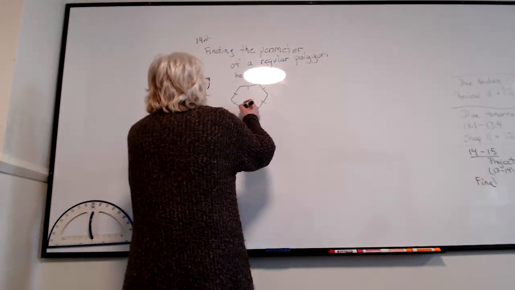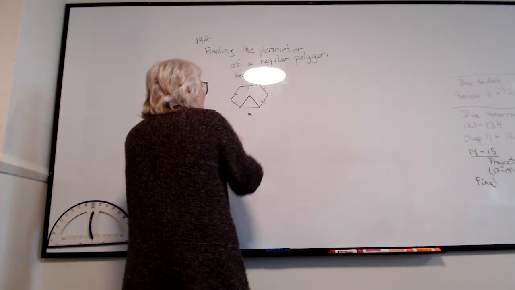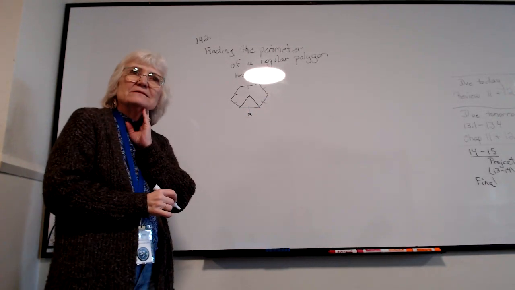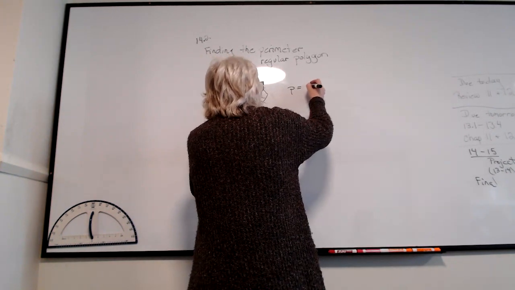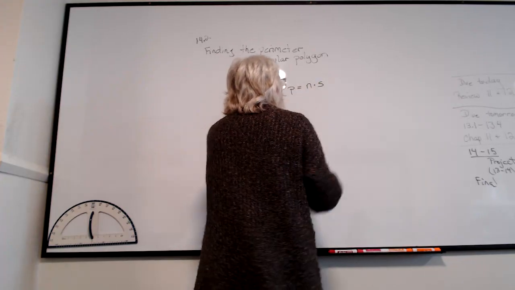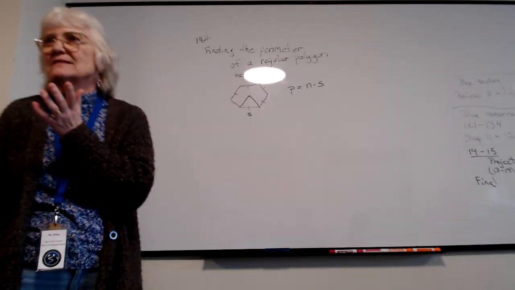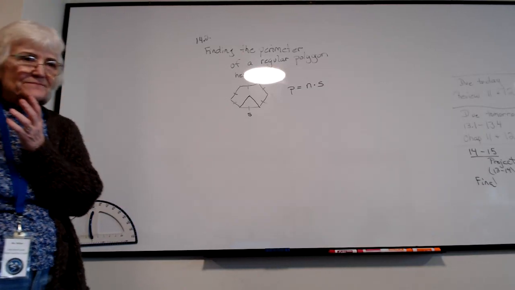If you know this distance right here, the perimeter is really going to be the number of sides times the length of one. Makes sense, right? But we don't necessarily know that.